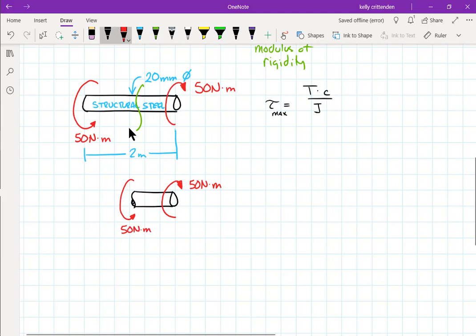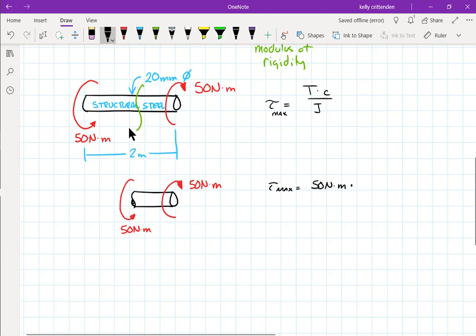So the internal torque is 50 Newton meters. You wouldn't really have to draw the free body diagram to determine that, but once there are more torques on here, sometimes it does help you to draw the free body diagram of each little section so that you're confident of what the internal torque is. So here we have tau max equals 50 Newton meters.